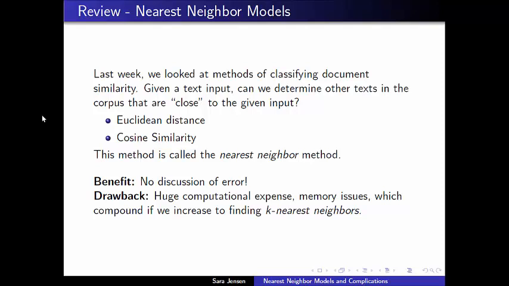And so we experienced large wait times, we experienced memory issues, and if we were to go from nearest neighbors to k nearest neighbors, or if we were to get a larger data set, which happens more and more in data science, the drawbacks of this method start to be that we run out of time and memory, as opposed to we have a model that doesn't quite capture what we want.